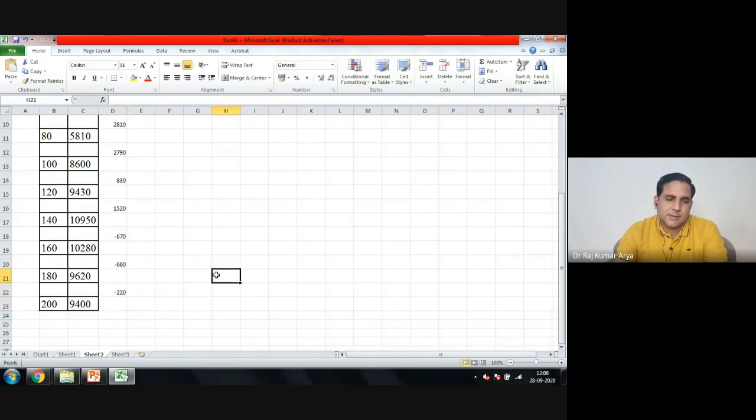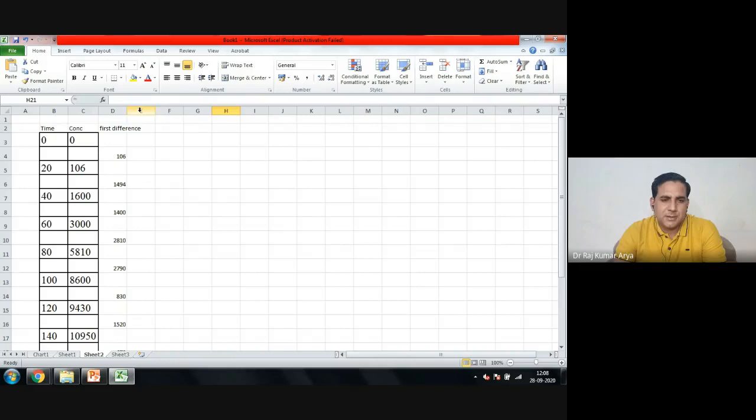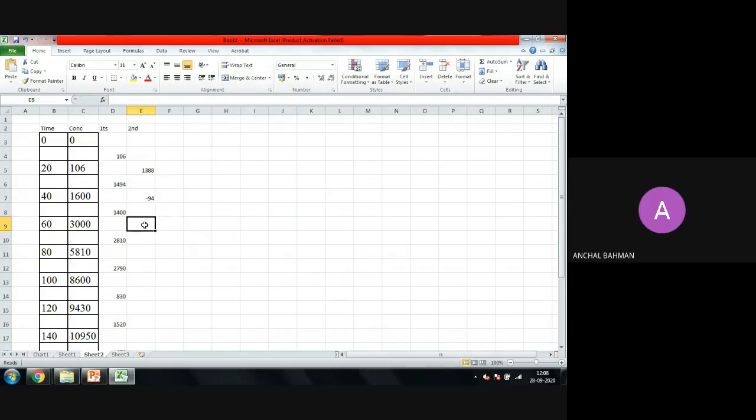Right, you got this. This is your first difference. Can you calculate the second difference? What is your second difference? Check it. So this is your second difference table, right? Are you creating or created? We are creating.